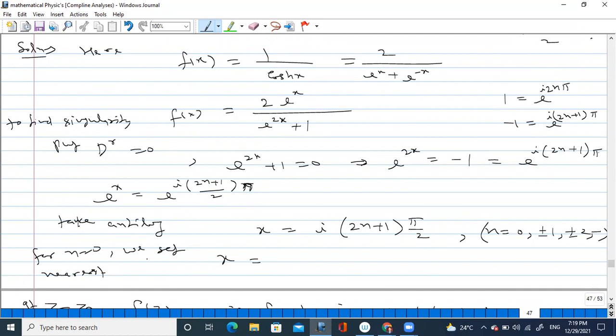We get the singularity nearest to z0 equal to 0, and that singularity is only the radius of convergence. So x will be, put n equal to 0, i pi by 2.